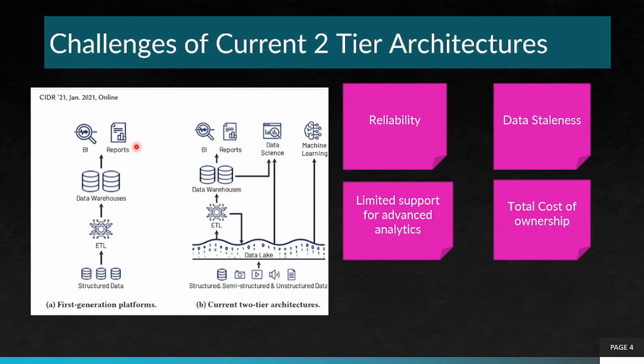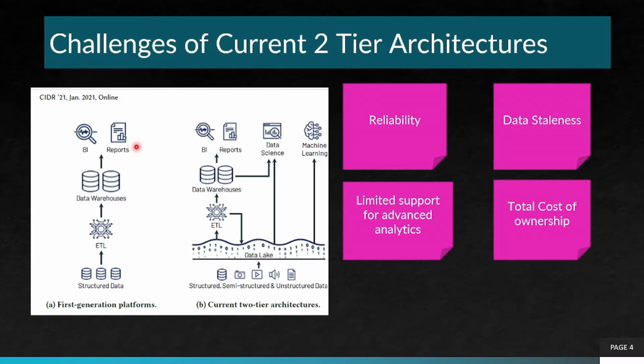The first challenge was reliability, because you had to get in data and then there would be some ETL to get into the data warehouse. So there are two steps in it, and there would be data staleness because there is a time gap between the data being received in the data lake and then into the data warehouse.